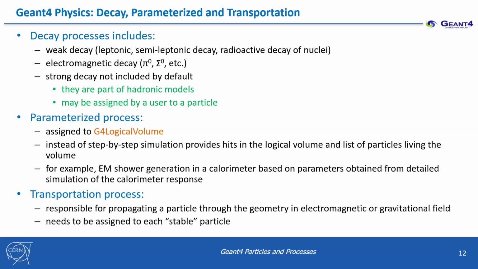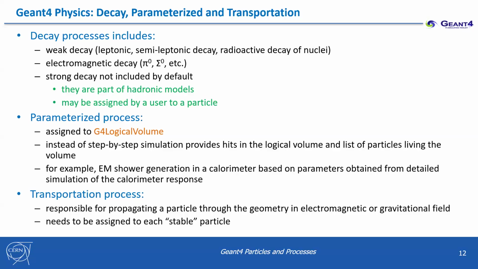Decay processes include weak decays, leptonic, semi-leptonic, and also radiative decay of nuclei, beta decay, for example. Electromagnetic decay, like pi 0 into 2 gamma. Strong decay is not included by default in this list.